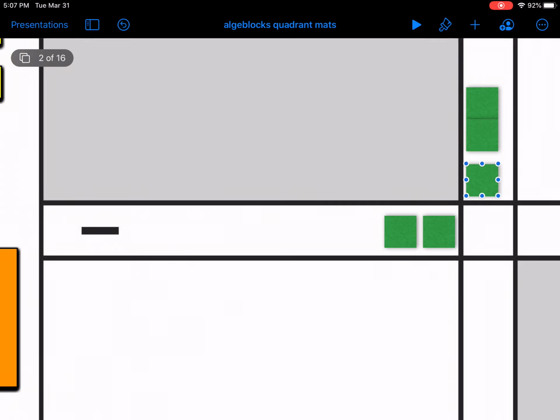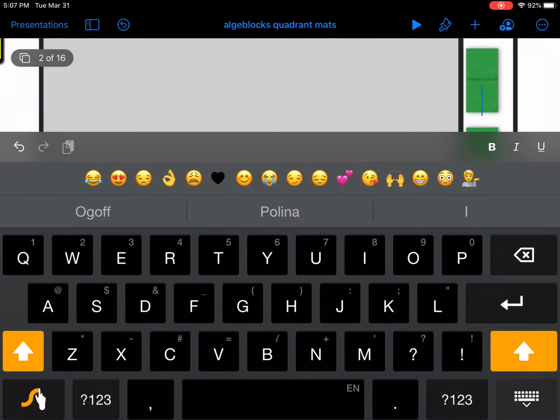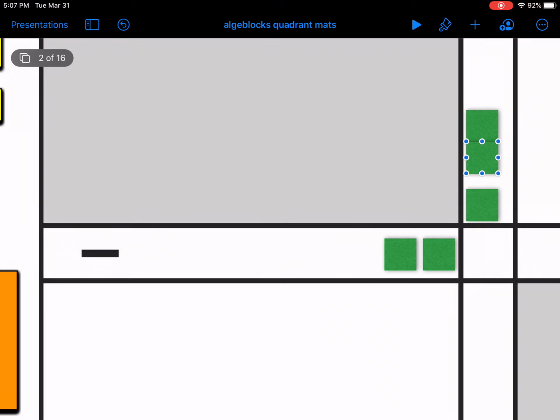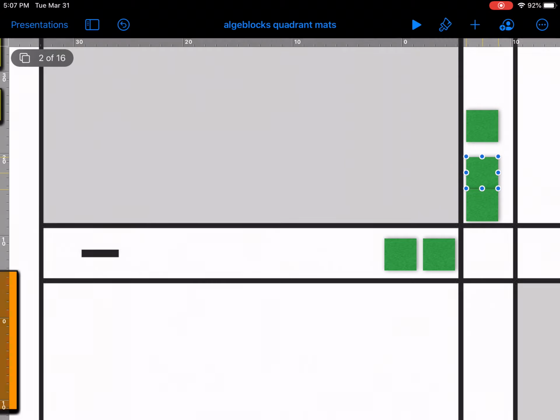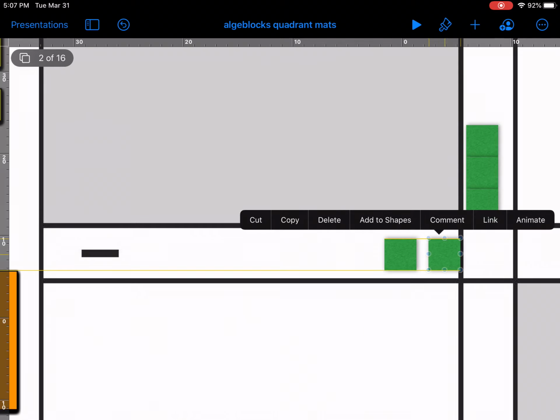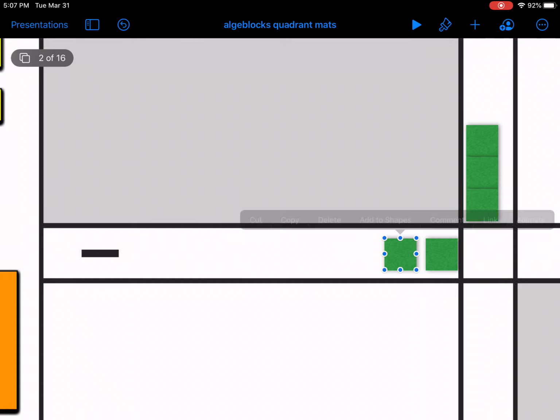So let me just make sure that these are aligned nicely so that we can model the rectangle that results from it. So there's my +3 and my -2.